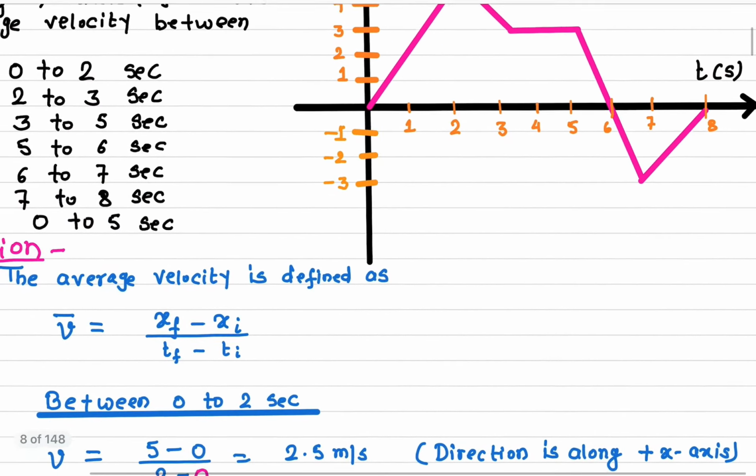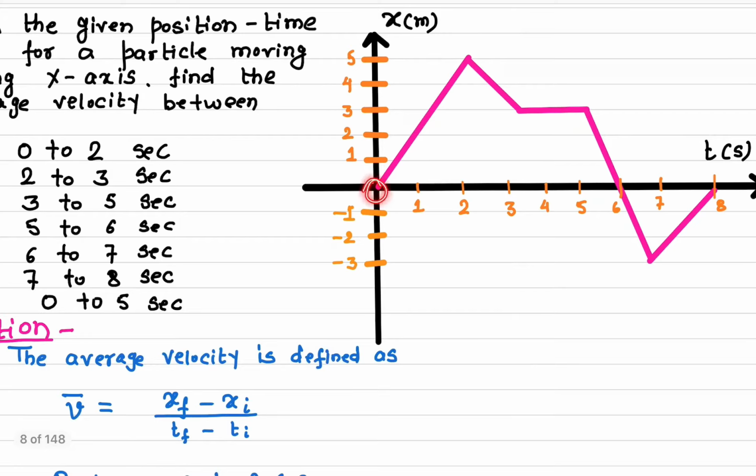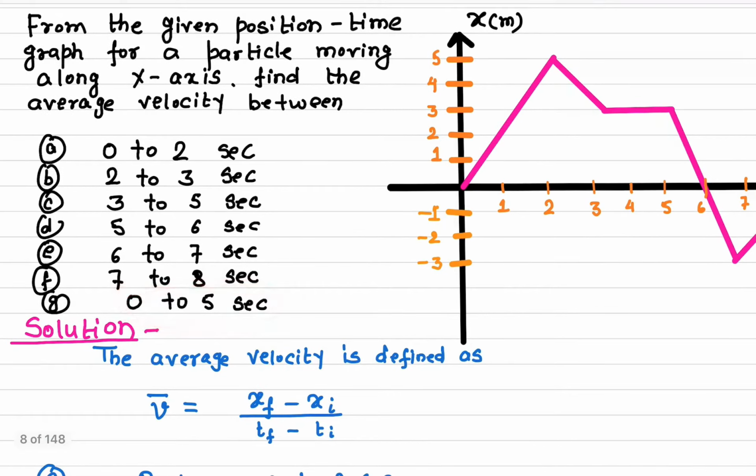The same way, now we can calculate from 0 to 5 seconds. So this is 0 and this is the 5 second here. So how do you calculate the average velocity between these two times? Again, the information you need is the position. So between 0 to 5 seconds, here I'm solving for this now.